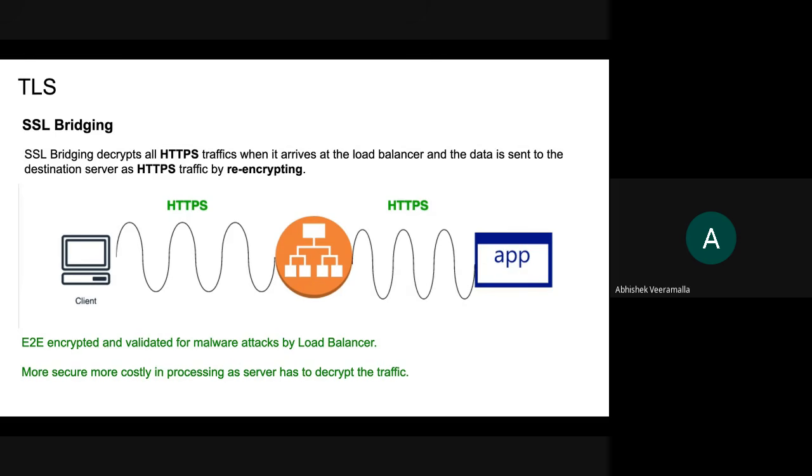In terms of SSL bridging, firstly, it would decrypt the packet that is coming from the client, and then it would re-encrypt, right? Every request that is coming from the client, it takes the request, decrypts it, and looks into the information of the request. What is the actual request about?